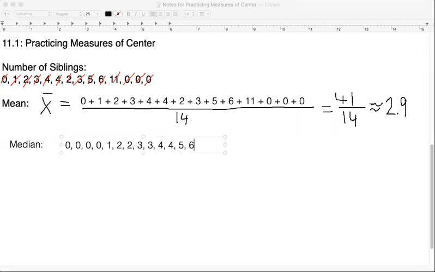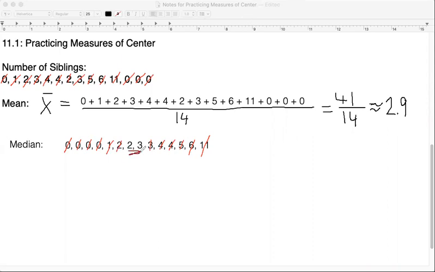Once we've done this, we've got all of our numbers in order, but we still have not yet found the median. The way that I usually find the median, if I'm not using some sort of software, is I start by crossing numbers off each end so I can figure out what's exactly in the middle. So I cross off the first 0 and the 11 on opposite ends, then the second 0 and the 6, the third 0 and the 5, the fourth 0 and the 4, then a 1 and a 4, a 2 and a 3, and finally, we're left with just 2 values in the middle, 2 and 3.